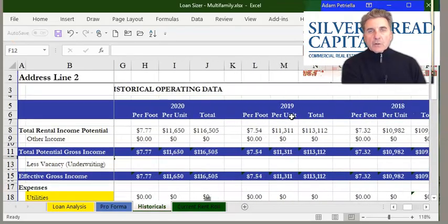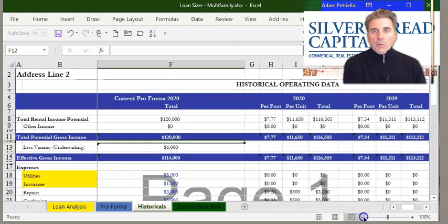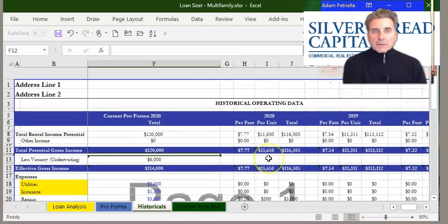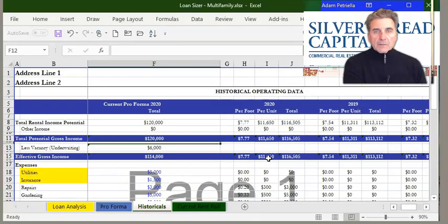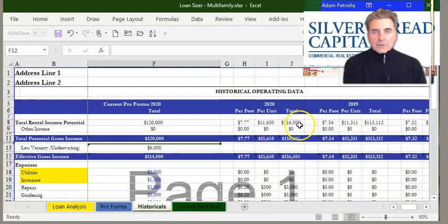So let's just stay focused on the 2020. And what we're looking at here is total rental top line of, it should be 120,000.